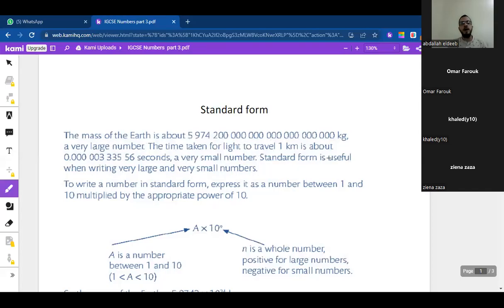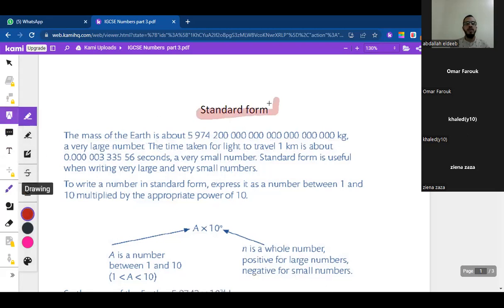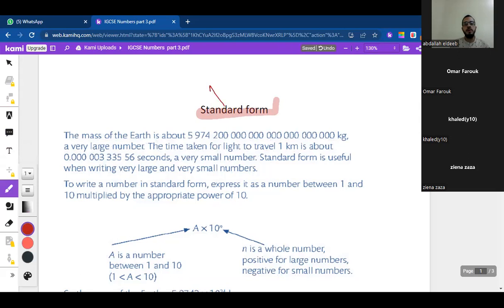And we're going to speak about standard form. Standard form, you deal either with very large numbers, or very small numbers.